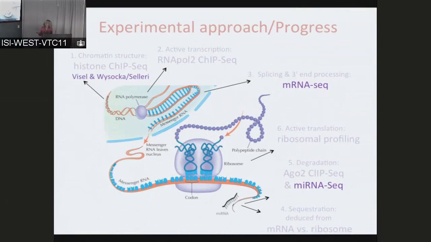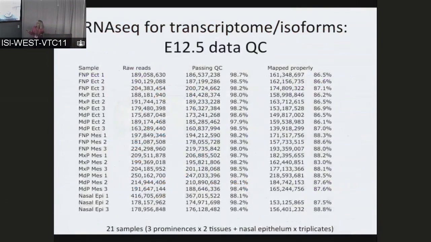And we've, in fact, now got pre-processed data for RNA-seq for E12.5 from the 3 facial prominences, so frontonasal prominence, maxillary prominence, and mandibular prominence, for the ectoderm, for the mesenchyme, and it's also got the nasal epithelium, which is the neural epithelium, which is tissue quite different. Triplicate samples for each of those, and just getting the data last night and today.